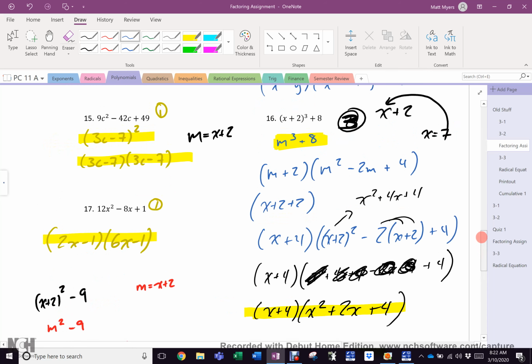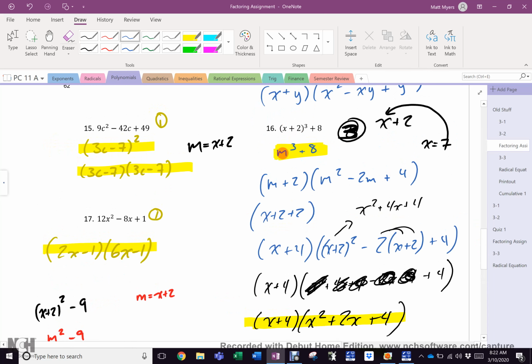See, over here, I made this M. And now I just ran it through the formula, right? The cube root of the first one, M, the cube root of that. Then the first one squared, then the first one times the second one, right? And I got to M is x plus 2, right? Well, there's an M, so I made it x plus 2.